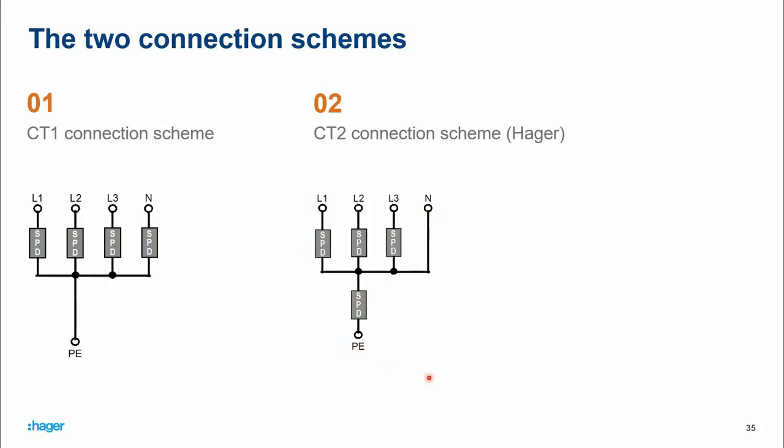All the Hager devices between the L and PE path are protected twice. That means we follow the CT2 connection scheme.